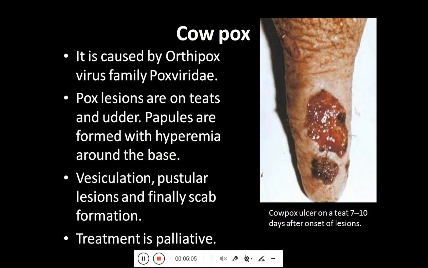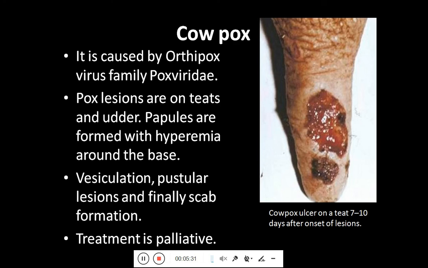Now coming toward cowpox, it is caused by an orthopox virus of the family Poxviridae, and the lesions are on the teat and udder. Papules are formed with hyperemia around the base, followed by vesiculation, pustular lesions, and finally scab formation. Again, there is no specific treatment for this.